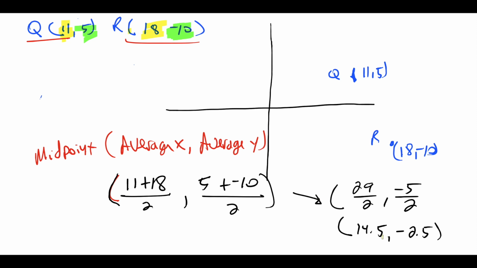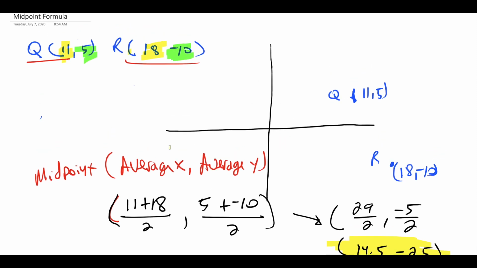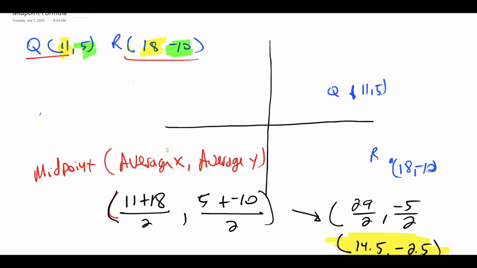And that concludes our lesson on how to find the midpoint. Using the midpoint formula, which is, what is the midpoint formula? Did I even say the midpoint formula? Kind of, right? It's right here. Okay, let's write down the midpoint formula.